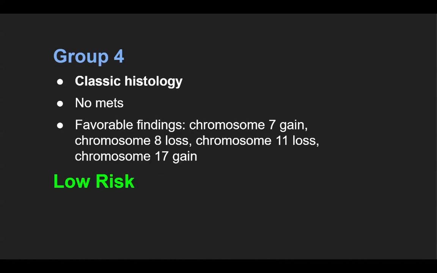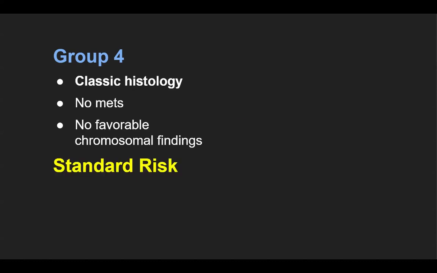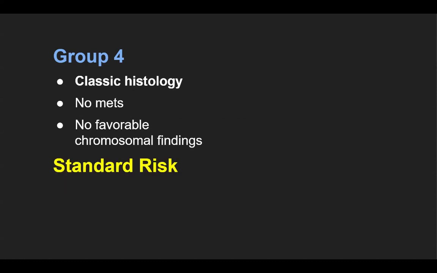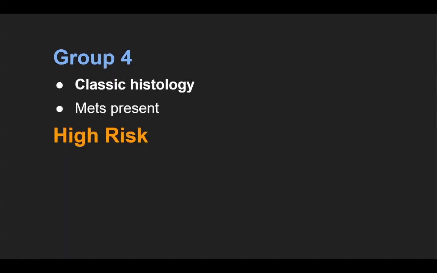Whereas if this is a classic histology, there are still no mets. Compare it from the previous group. No mets in the low risk group, no mets in the standard risk group. What's the difference? The difference is only favorable chromosome findings. They were present in the low risk group. They are absent in the standard risk group. Okay? Group 4, classic histology, but there are mets, upgraded to the high risk group.